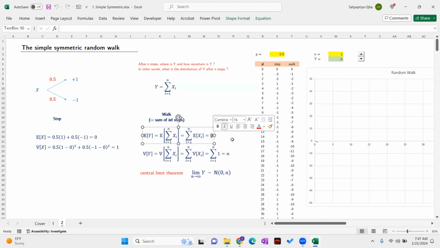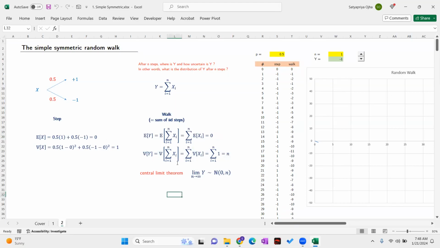That means after n steps, n is arbitrary, it could be anything, on an average, you are still supposed to be there where you started from, as if you have never moved. So expectation of the walk is 0. That means that on an average, you're expected to be exactly where you started from. What is the variance?